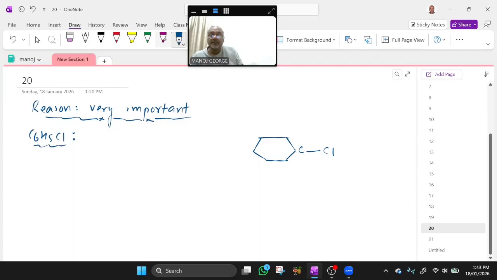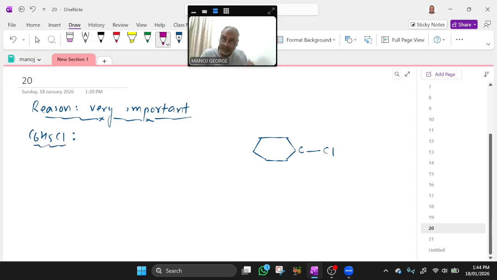Now you might remember there is a pi-electron system in the benzene ring, correct? It keeps on moving around the carbons. And the chlorine's lone pair electrons get drawn into the pi electron system.